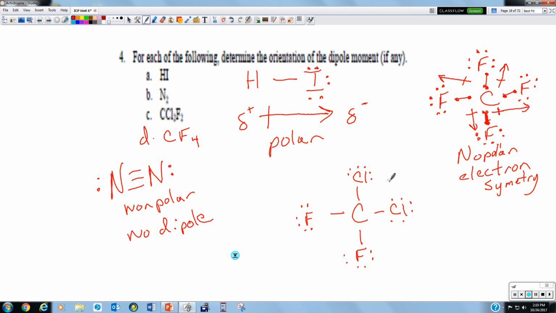Fluorine. So our dipole is going to go like this. It's going to be greater to this side. This will be our partial negative. This will be our partial positive. And so this one is polar.